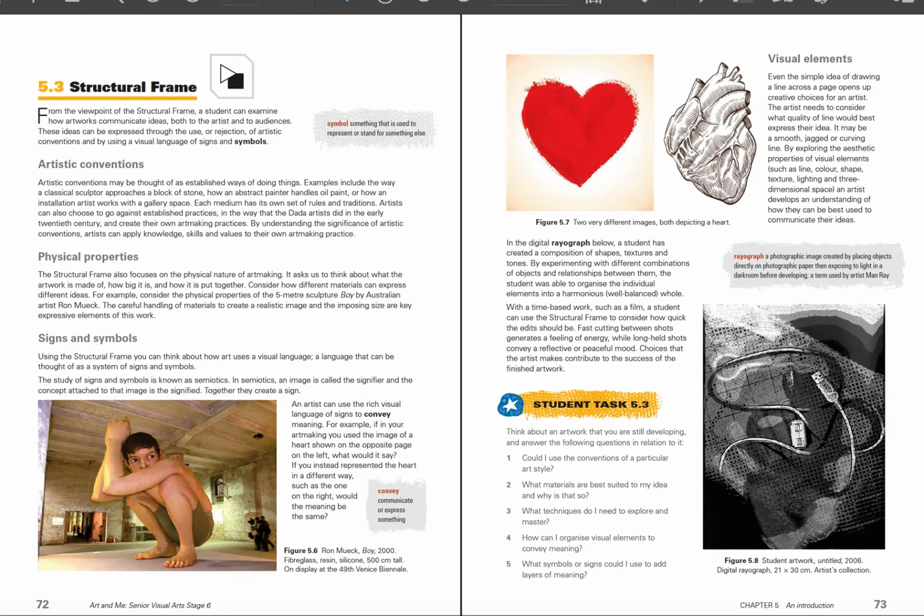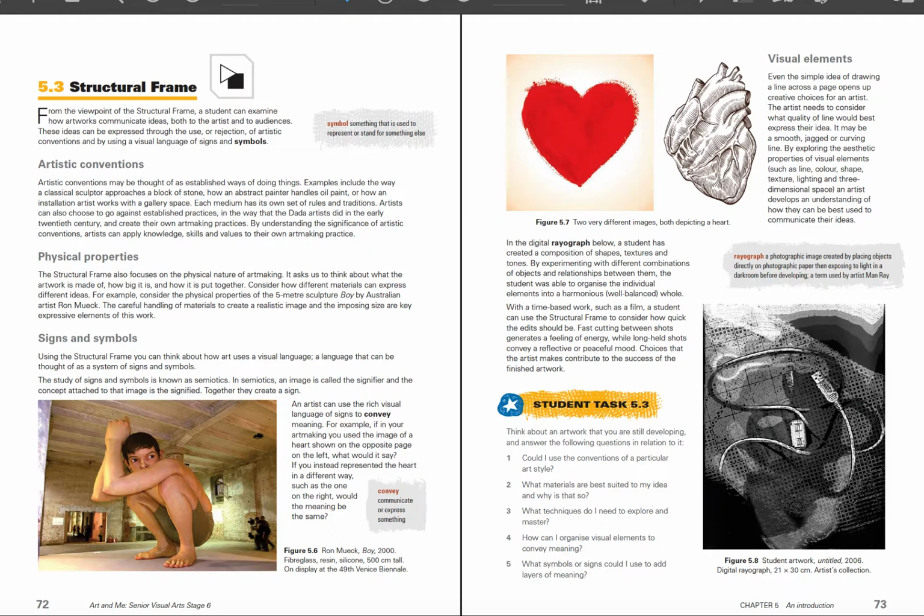You need to dig deeper. Why did you place that image in the center? Why is it to the left? There are all these things that you need to analyze your own work. So by experimenting with different combinations of objects and the relationship between them, the student was able to organize the individual elements into a harmonious, well-balanced whole.